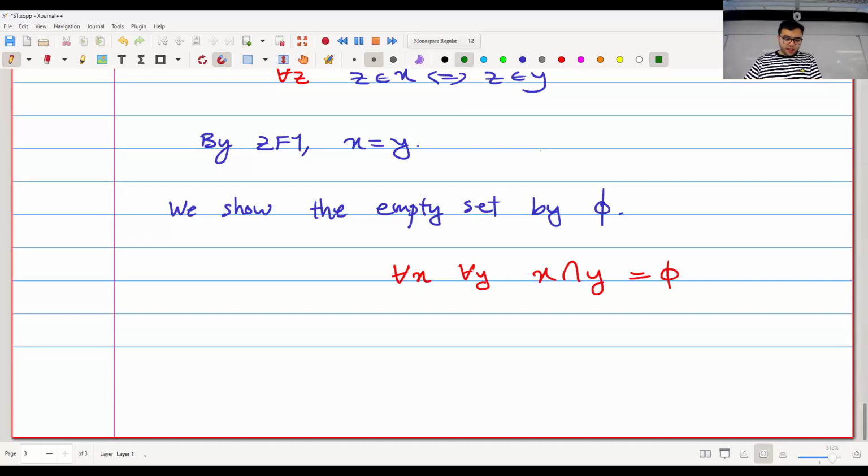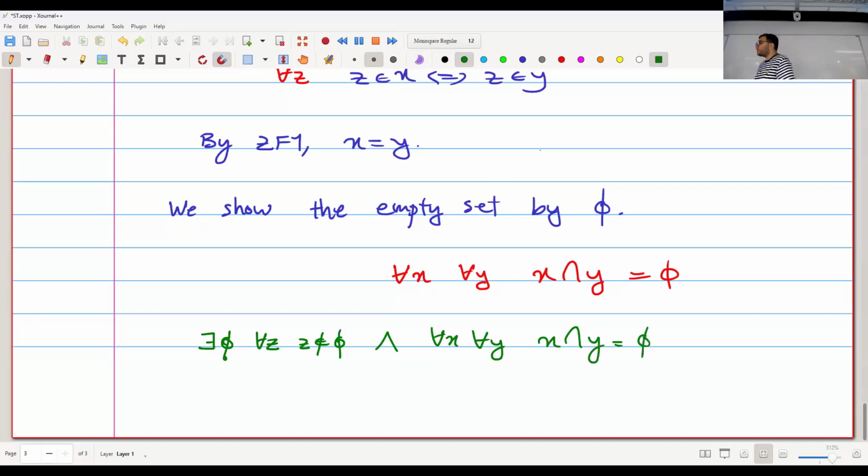I can say, there exists some empty set such that for every element Z, Z is not in the empty set, and this whole thing: for every X, for every Y, X intersect Y is the empty set, right? So basically, I'm thinking of this empty set as a variable. If you want to give it a different name, I can give it another name, let's say A.